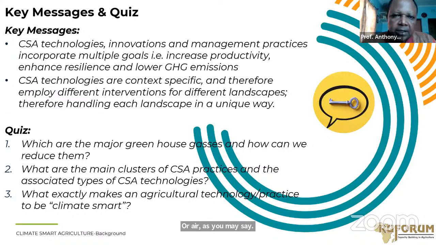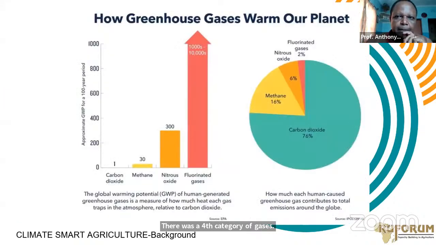So now there were some things that we said about the issues of global warming. There was a fourth category of gases. Do you remember the fourth category of gases? And where do they come from? If you can see my figure there. These are human activities, they contribute all these 4 types of gases.